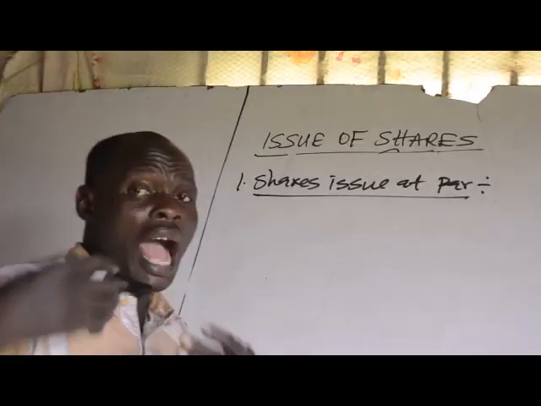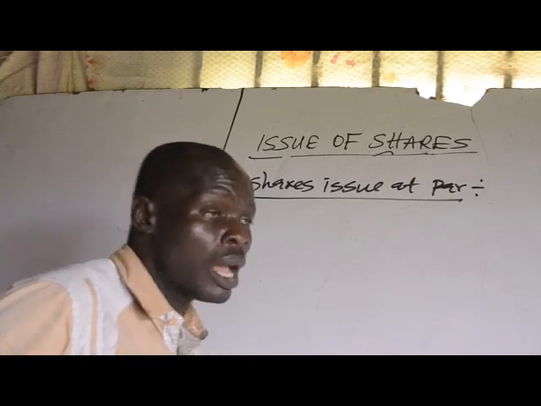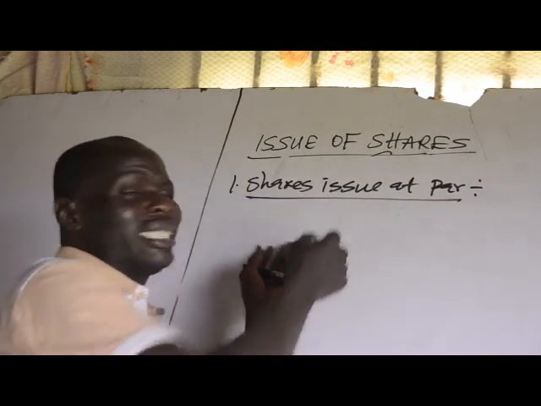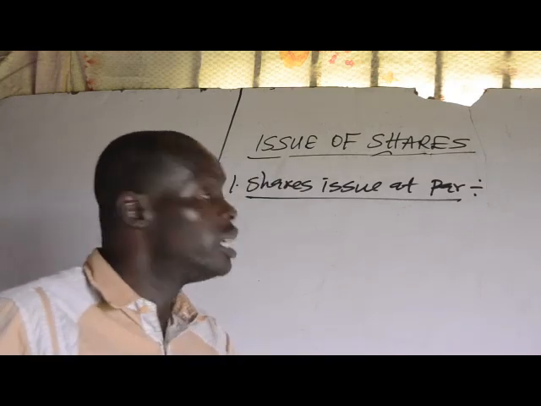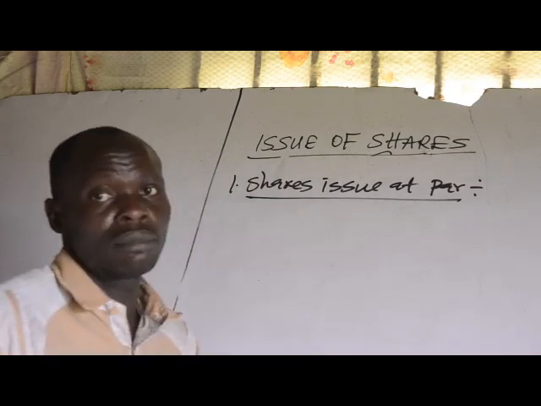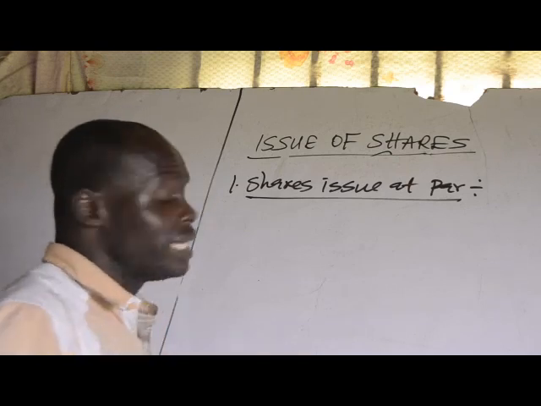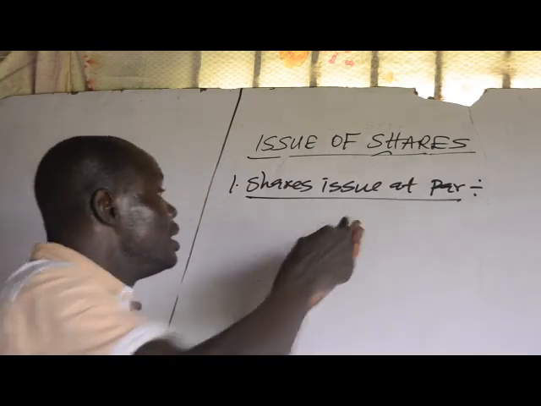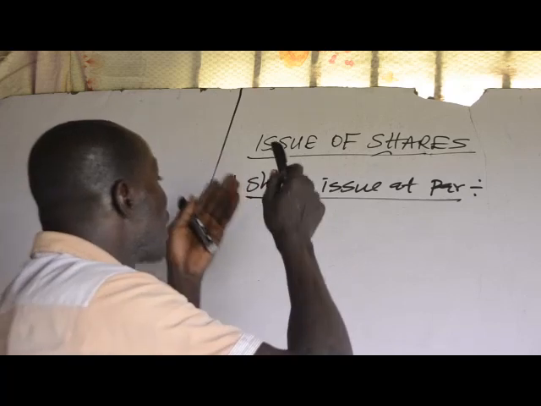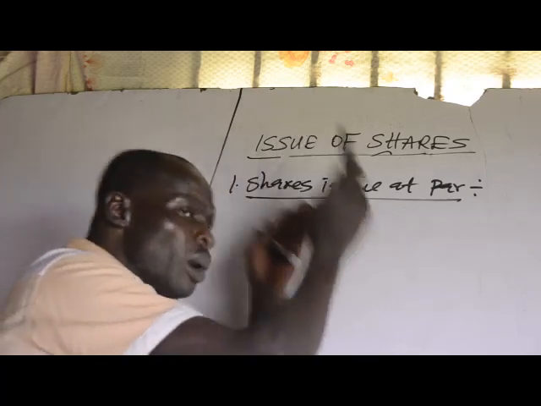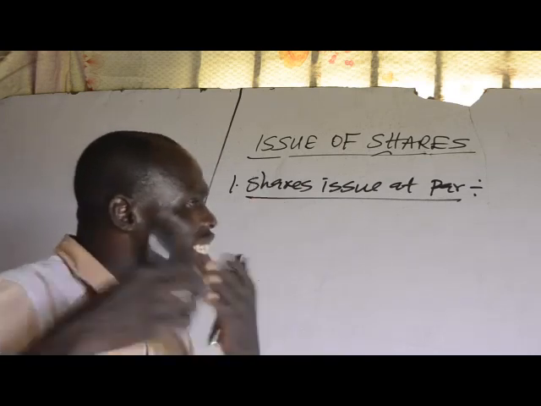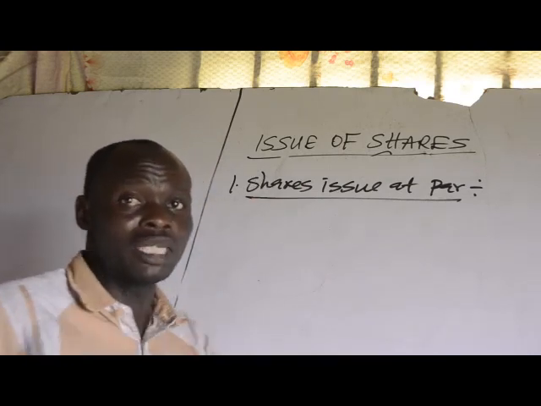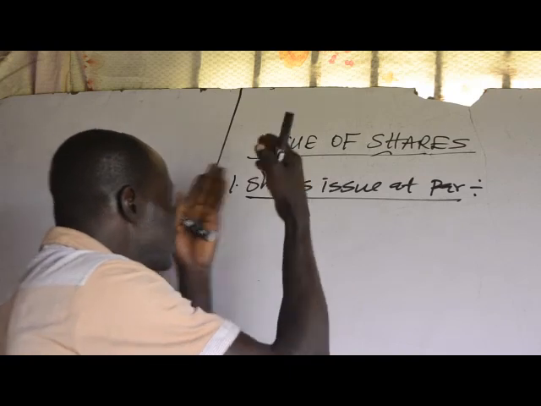When shares are issued at their nominal value, such a share is said to be issued at par. I repeat, shares issued at face value are said to be issued at par.